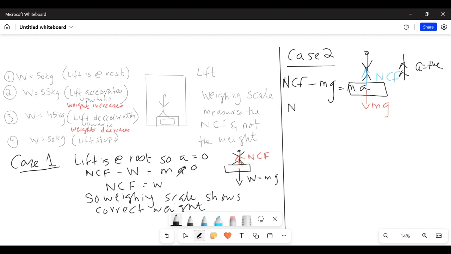So the normal contact force is the weight mg plus the value ma. So it becomes bigger than the weight. Mass is positive and acceleration is also positive because the lift is accelerating.